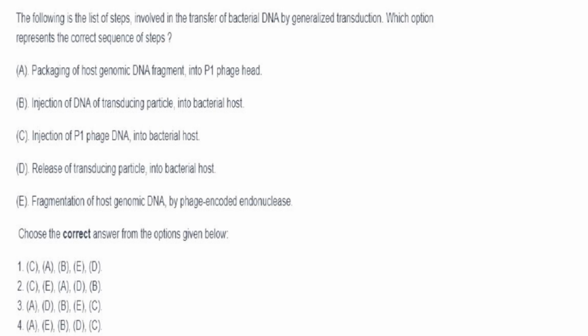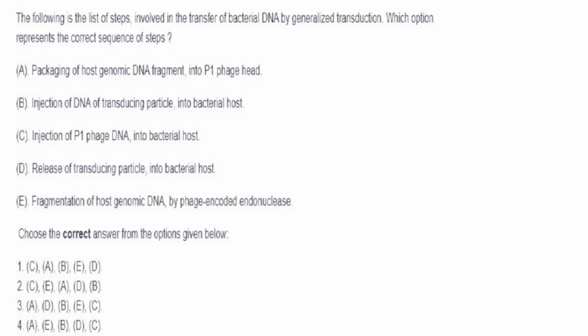In generalized transduction, the steps will be: first infection by the phage, then fragmentation of the host genomic DNA, then this host genomic DNA will be packaged into the phage head, then the phage will lyse the bacterial cell and be released, and it will infect another bacterial host and inject the DNA into the bacterial host. This is the generalized transduction cycle.